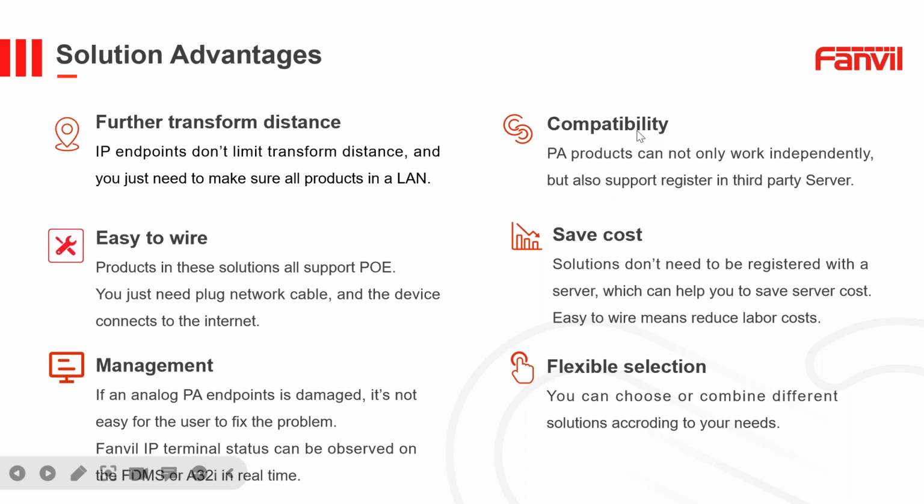And with the SIP protocol, our public address products can not only work independently, but also support registering in a third-party server. You will find that you don't need to buy an extra server, and our solution can work independently, so you can save server cost. And easy wiring means that you can reduce labor cost.